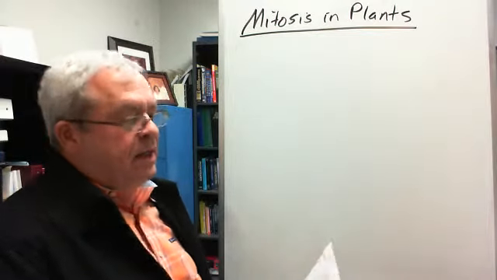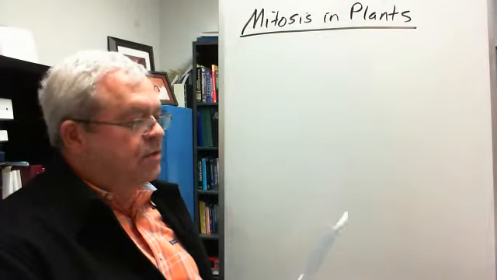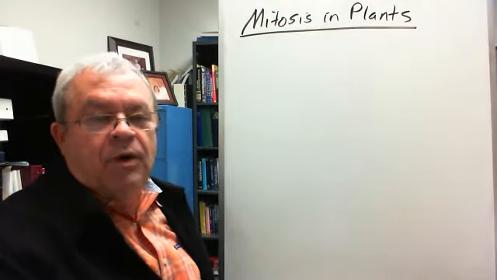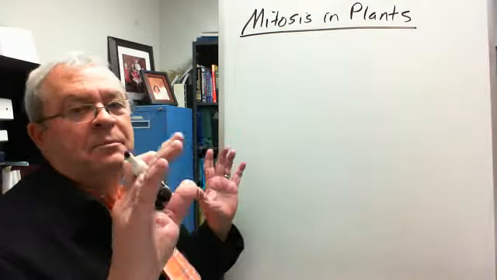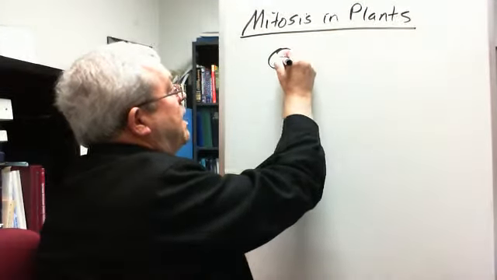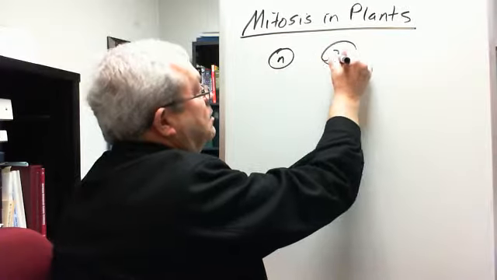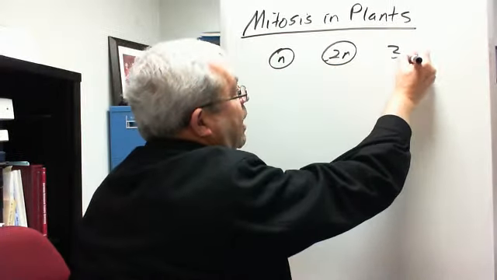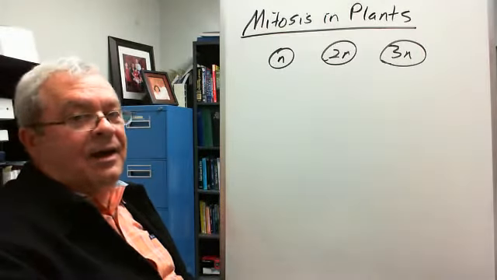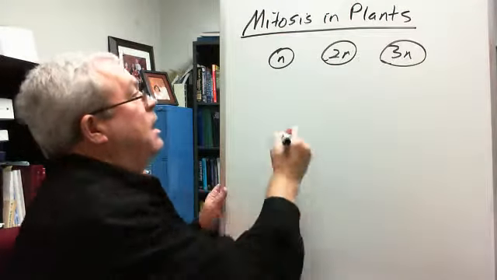But mitosis in plants, the question is, draw summary diagrams of mitosis with haploid, diploid, and triploid cells. Piece of cake. And the rules are always the same.